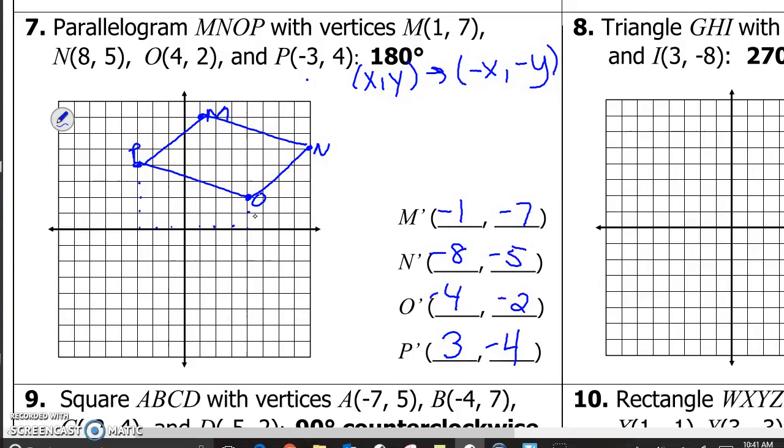So plotting our new image, we've got negative 1, negative 7 for M, negative 8, negative 5 for N, negative 4, negative 2 for O, and for P we've got positive 3, negative 4. That one is rotated 180 degrees.